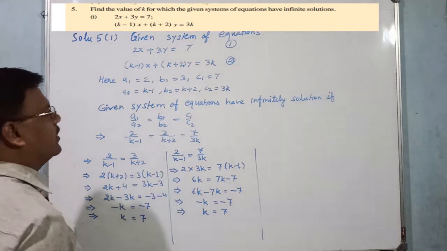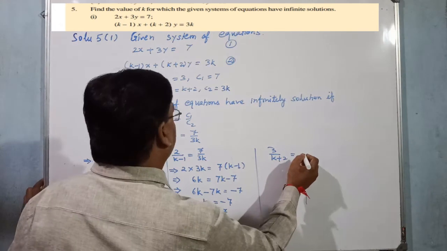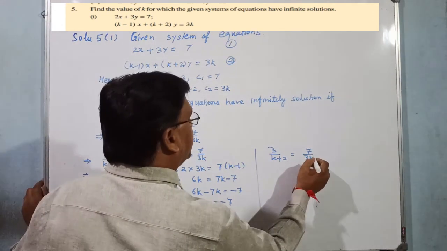From last two pair, 3 upon k plus 2 is equal to 7 upon 3k.